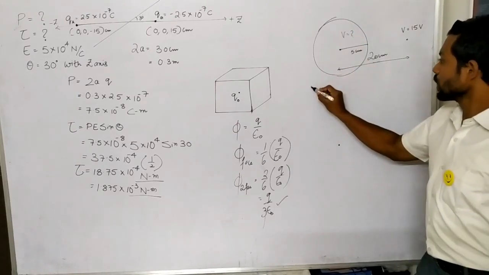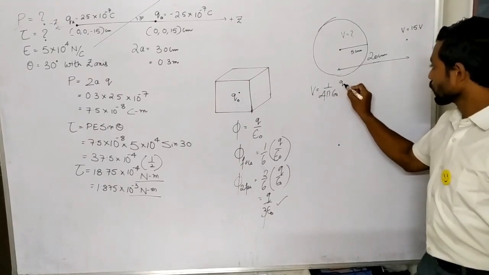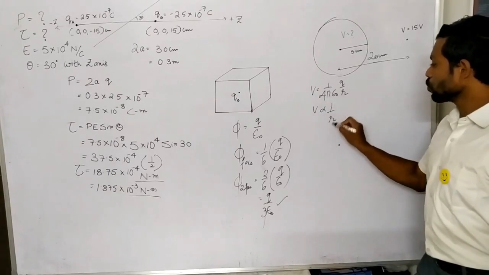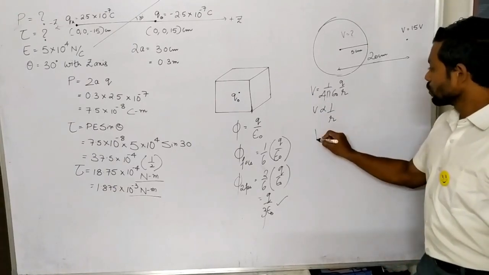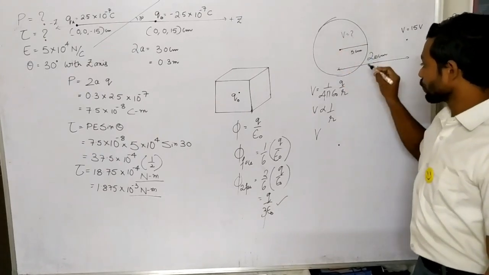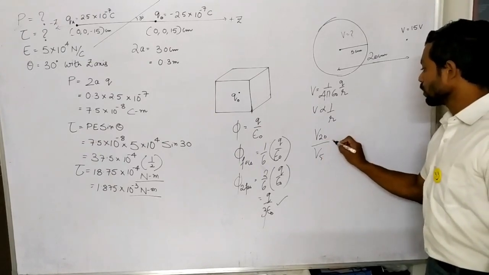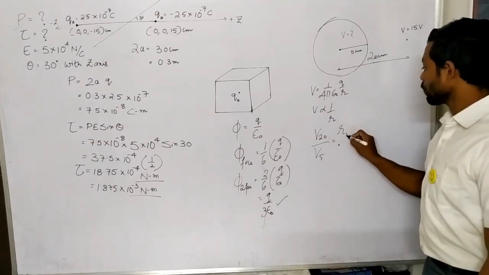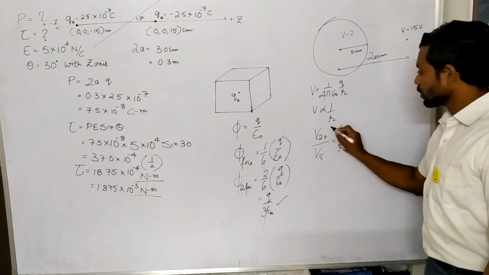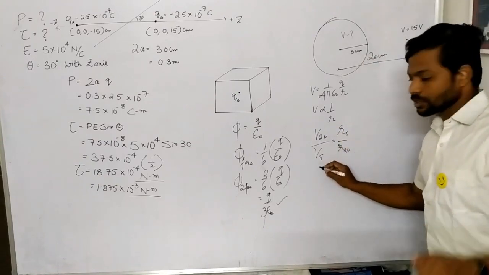So we know that V is given by 1 by 4 pi epsilon naught Q by R, where V is inversely proportional to R. So we try to find out the potential at the surface. We'll take the ratio V20 by V5 is equal to R5 by R20. So the potential at a distance of 20 centimeter is given as 15 volts in the question.